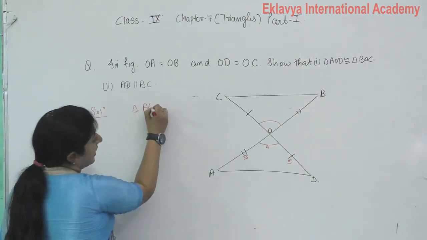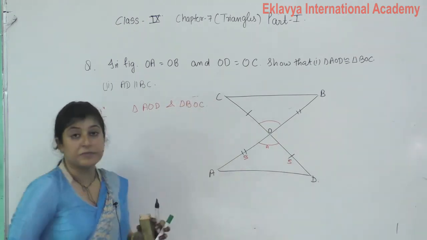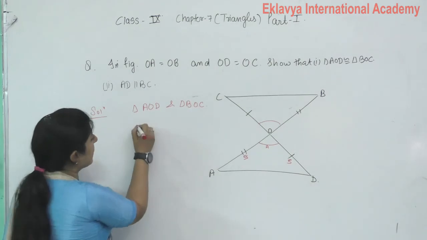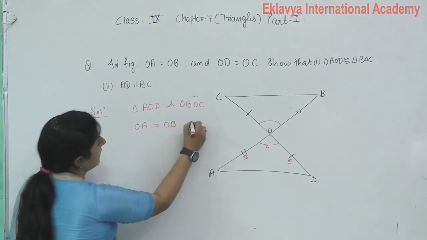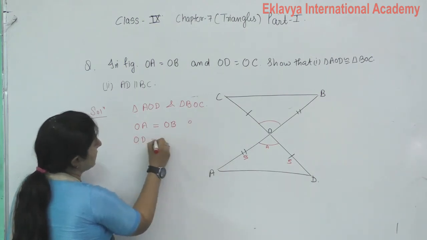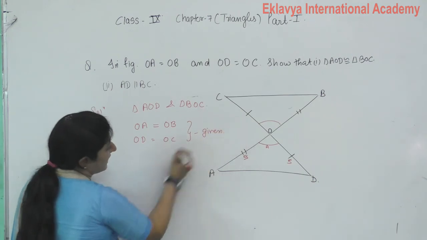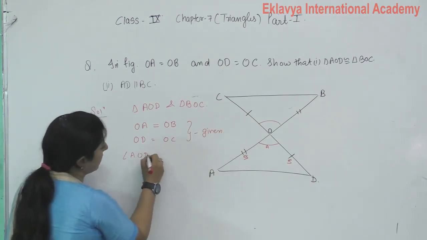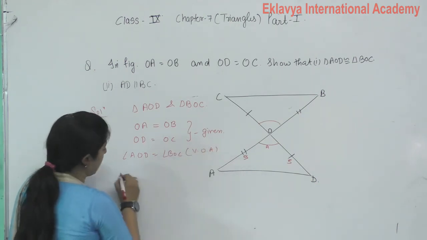So how to write down the solution? In triangle AOD and triangle BOC, OA is equal to OB, OD is equal to OC. We can write this is given. Then next we write angle AOD is equal to angle BOC, reason: vertically opposite angles.